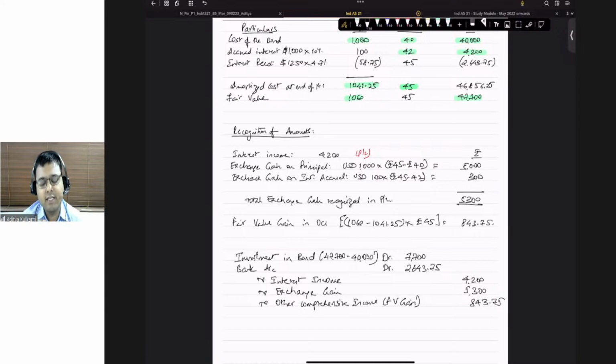We have recognized opening, closing, the effective interest rate, and the coupon rate. They are translated to the functional currency using different rates, so obviously in the functional currency the accounts will not match, and the difference will be your foreign exchange gain or loss, which is transferred to the P&L. That is the way you will do the recording.